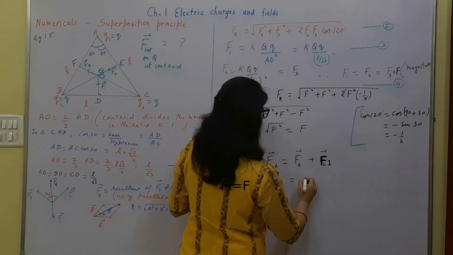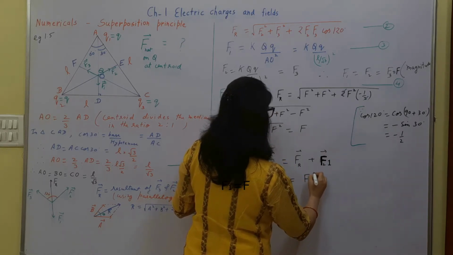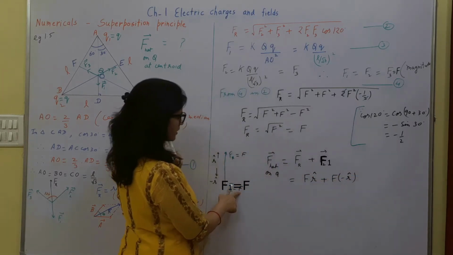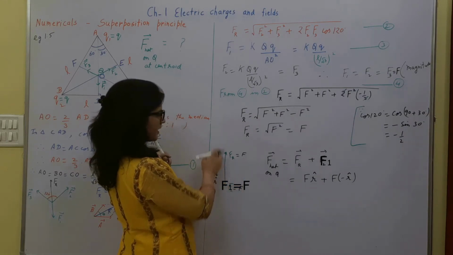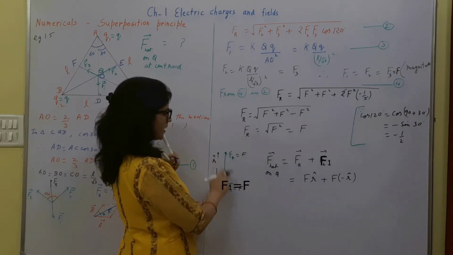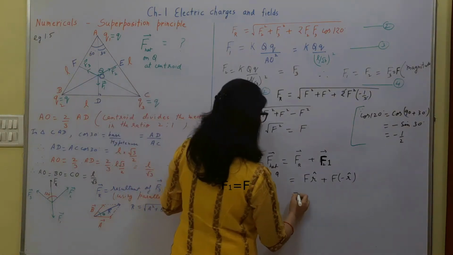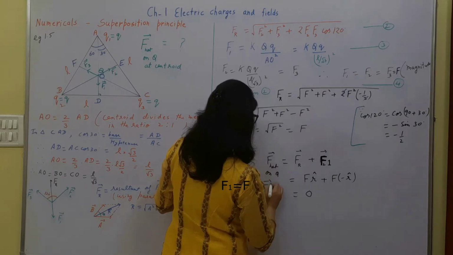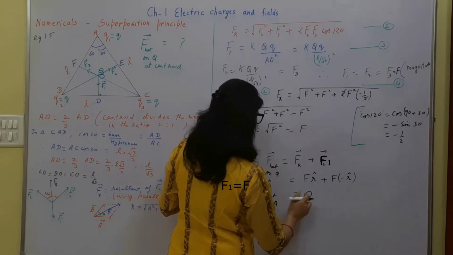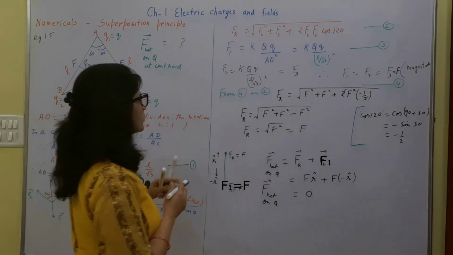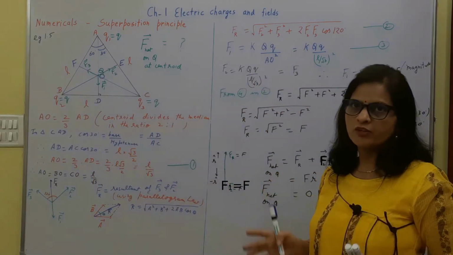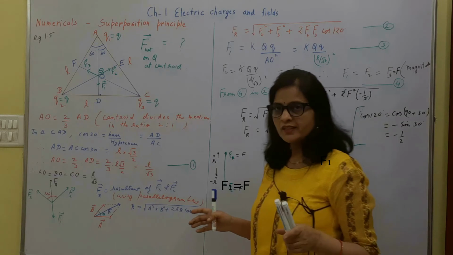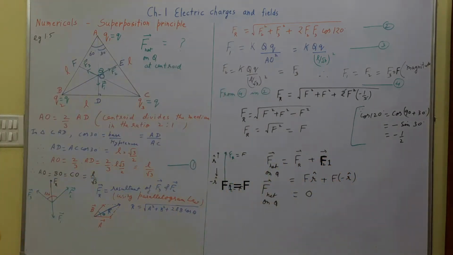So how will I write it? This will be F into r cap plus F into minus r cap, because this magnitude is also F and this magnitude is also F, but the direction of this vector is r cap and this vector is minus r cap. So this gives me 0. So I can say that F net on q is equal to 0, right? So you can see how the use of parallelogram law and trigonometry can make the numericals very, very simple for you, right? So we'll take the next question after rubbing the board.